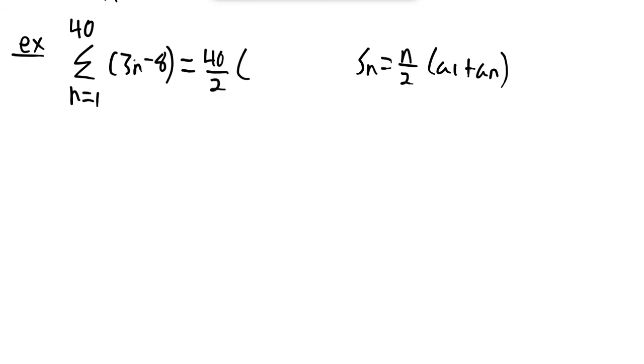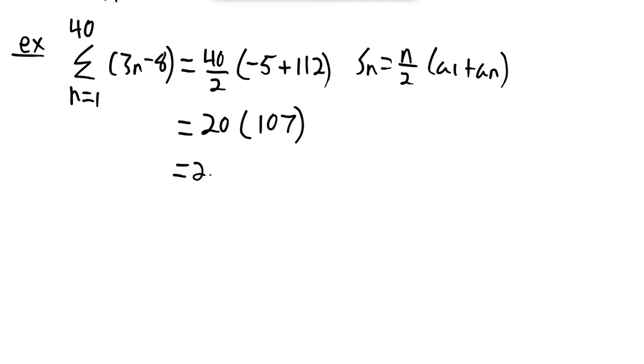Our first term, when we sub 1 in for this, is going to be 3 minus 8, so it's minus 5. And then our last term is going to be 3 times 40, which is 120, minus 8, which will give us 112. So this is going to be equal to 20 times, let's see, 112 minus 5 is going to give us 107, and that will become 2,140.